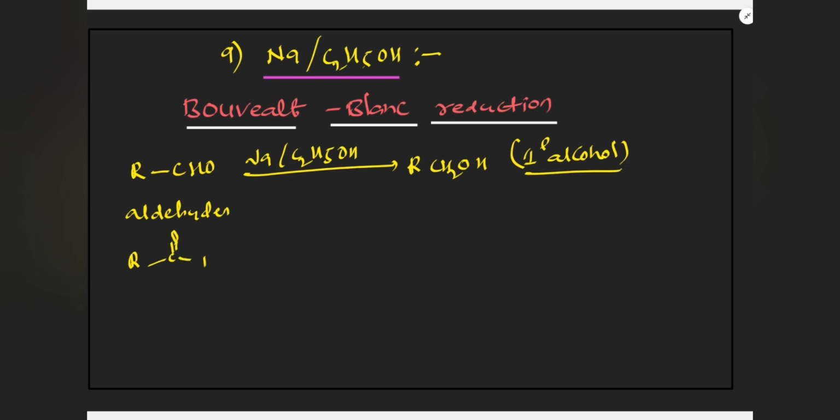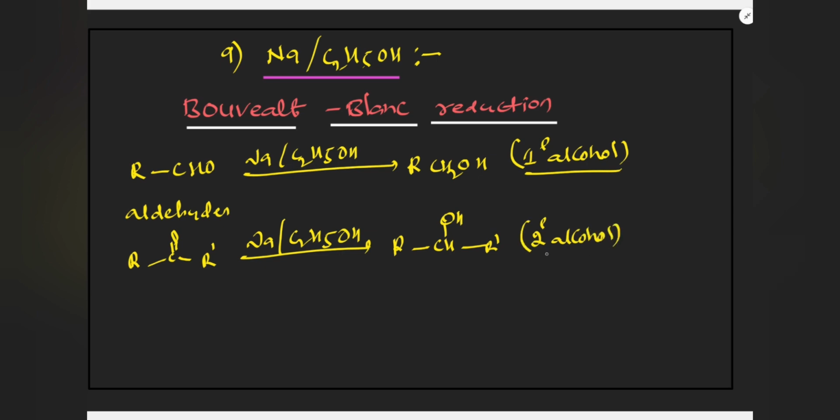Ketones with sodium in ethanol give secondary alcohol. Again, esters with sodium in ethanol give alcohol.